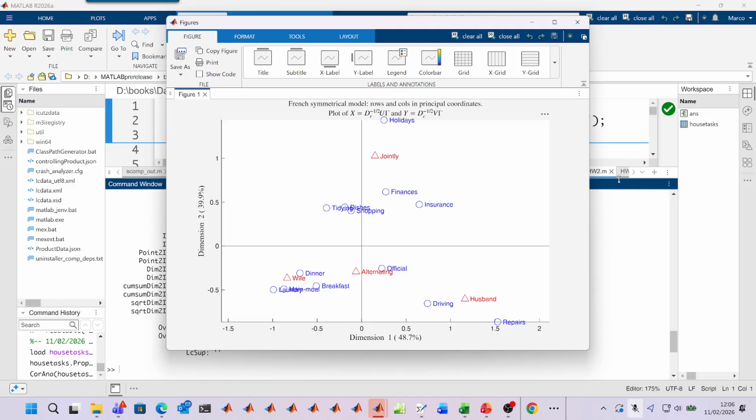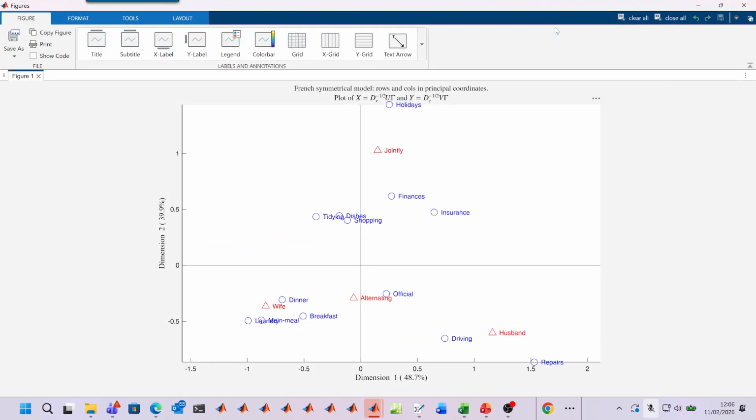Now if you do it in Italy, maybe you see the husband that does the repairs and driving. At least in my family, this is still true. You see that, for example, alternating is the official documents.